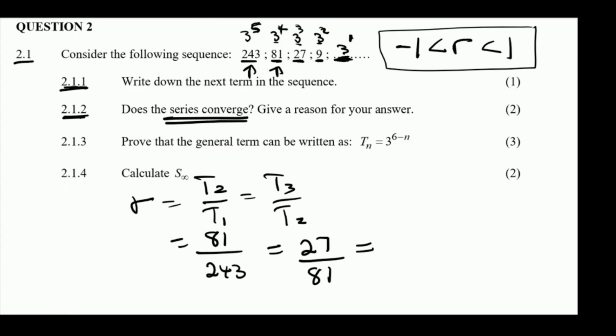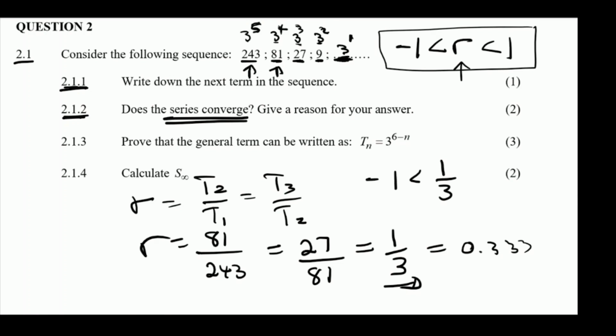So you should find R to be 1 over 3 if you punch your calculator. So this is the value of R. This 1 over 3 is 0.333, which definitely tells us that it lies between minus 1 and 1. So you can conclude by saying 1 over 3 lies between negative 1 and 1. So this can be your final solution of this problem here.